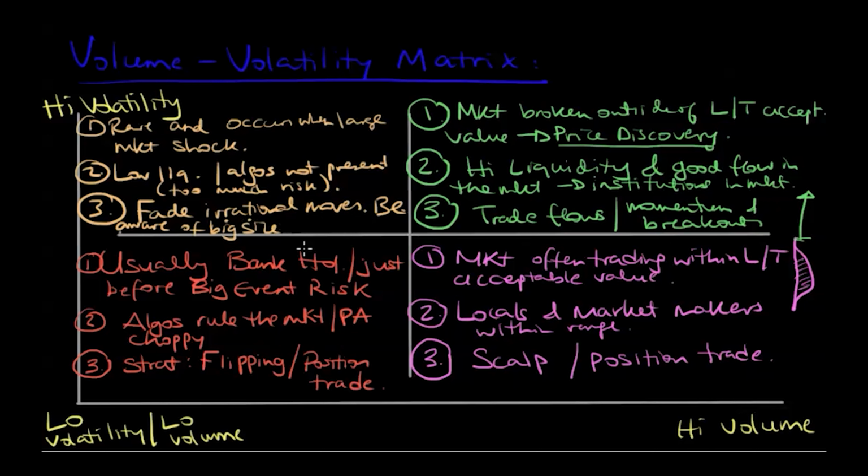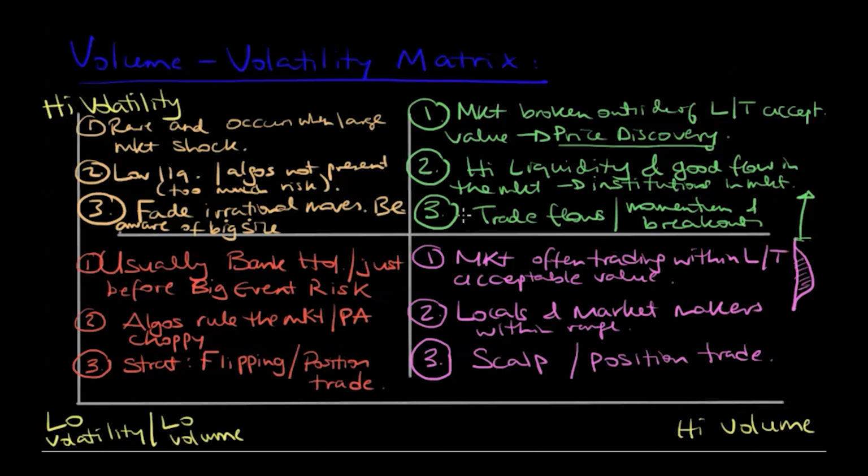So these are the kinds of volume and liquidity conditions that you can have in the marketplace. And it's important to understand these, like I said before, because the market's always moving from one to the other. Usually the market doesn't spend a lot of time in this quadrant.